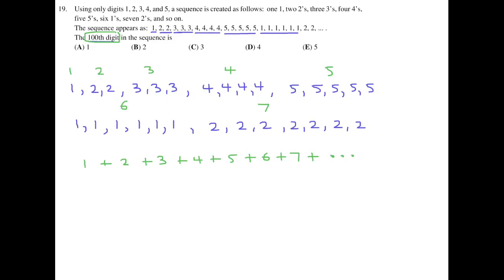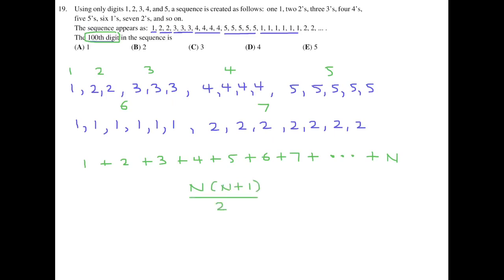So it's very important to understand this really cool mathematical formula that says that if you have the sum of any consecutive numbers like 1, 2, 3, 4, 5 all the way till n, that is easily calculated by n times n plus 1 over 2. All right?